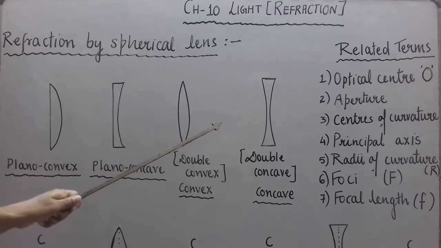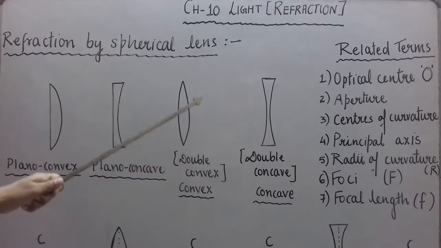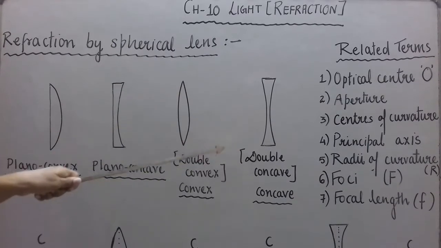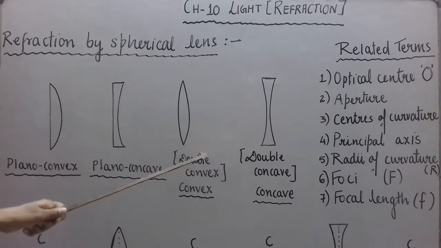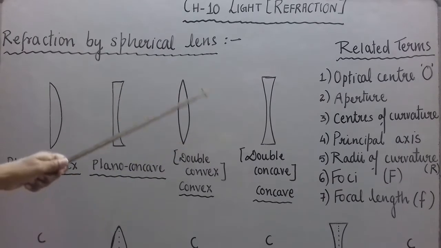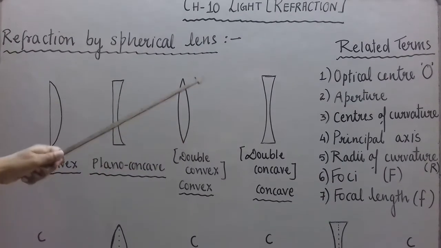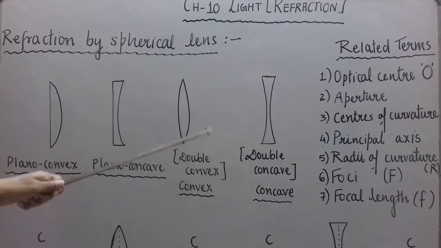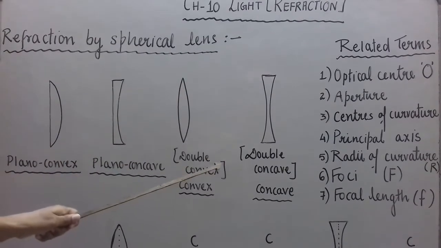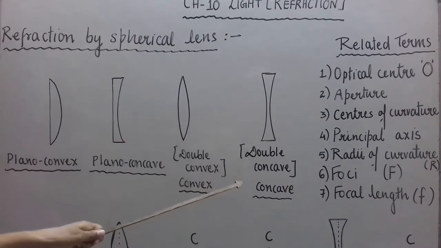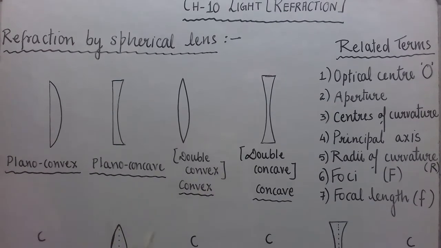If we see the last lens, the two surfaces are both curved inwards. So both are concave in nature. A spherical lens whose refracting surfaces are curved inwards is called a double concave lens or simply a concave lens.